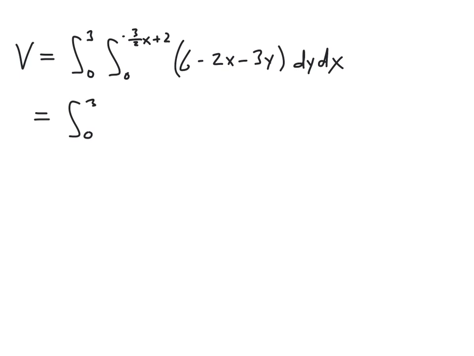We're first going to anti-differentiate with respect to y. This would be 6y minus 2xy minus 3/2 y squared, and we're going to evaluate this from 0 up to negative 2/3 x plus 2.